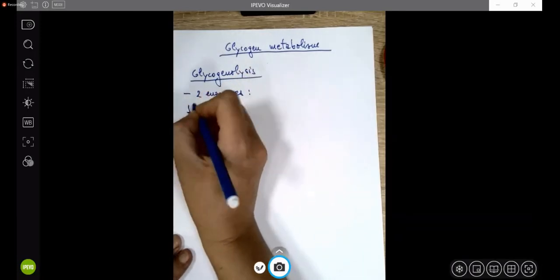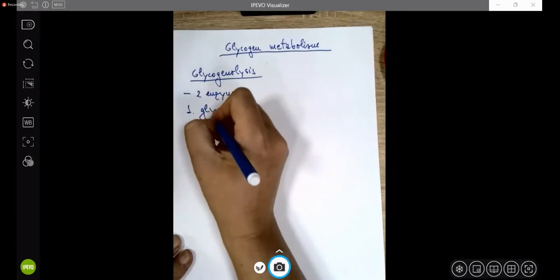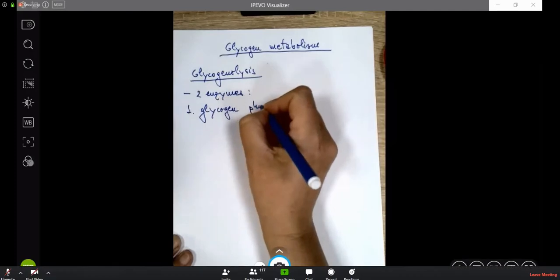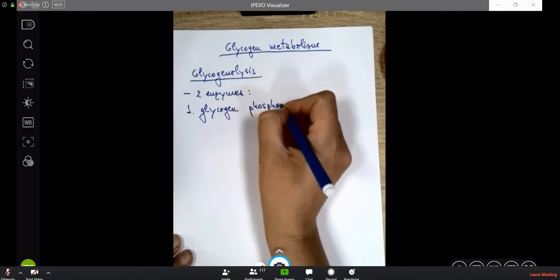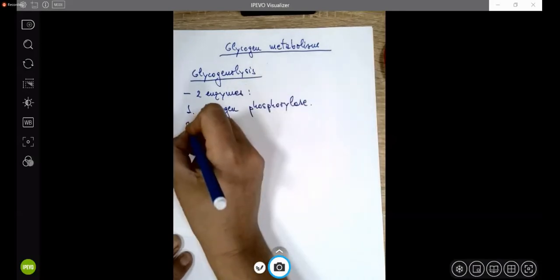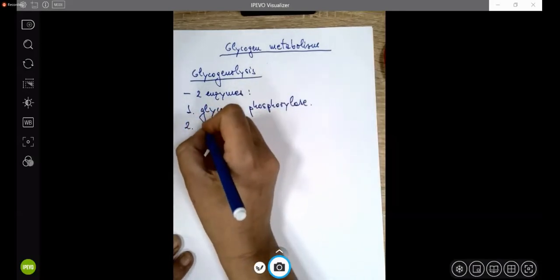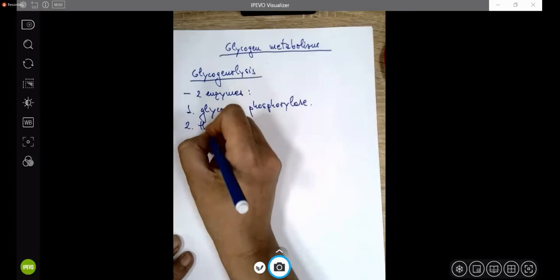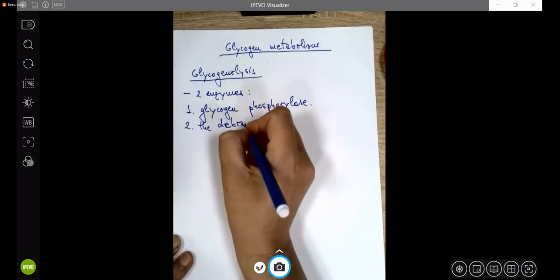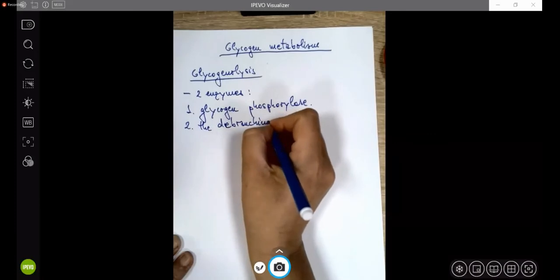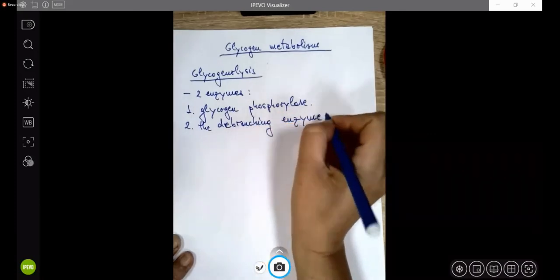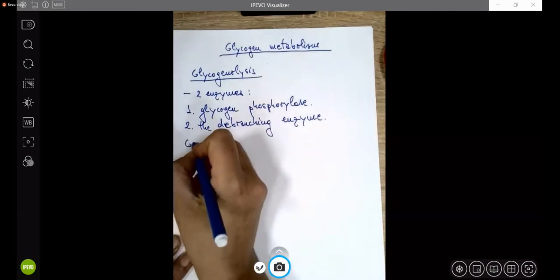The first one is glycogen phosphorylase, and the second one is the debranching enzyme.